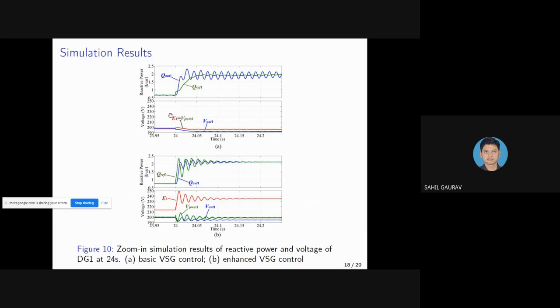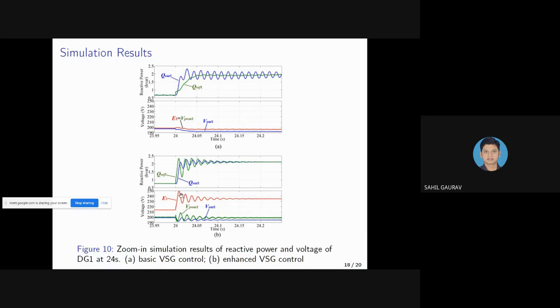And even in the virtual voltage set by the swing equation block, VPWM is given to the PWM block, and V out one is the output of the inverter. Here we can see there are large oscillations, and E is larger than the output of the PWM inverter, V out one.